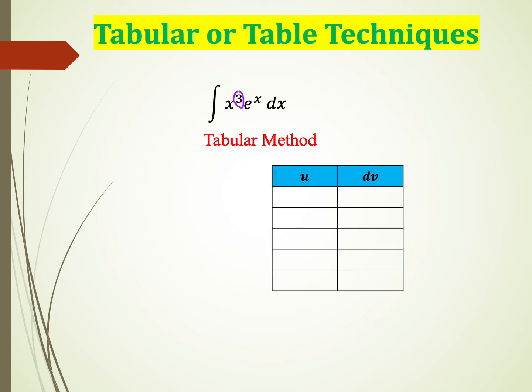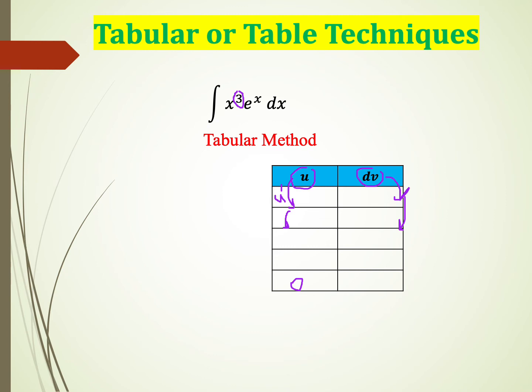First, we make a table. I will use here u and here dv. And with u, I will go to the next step by finding the derivative always till I get 0. And here I will find the integration several times.